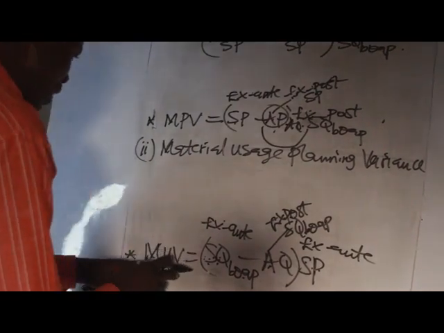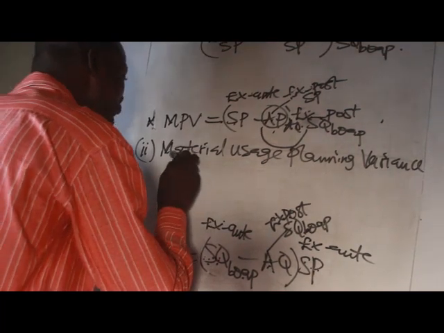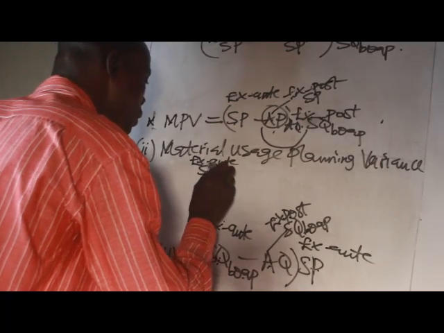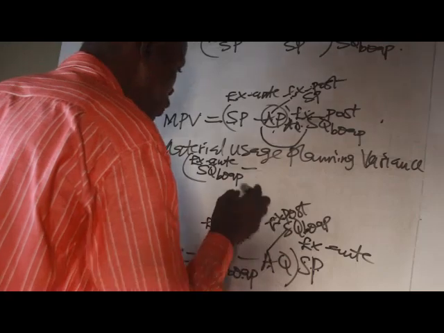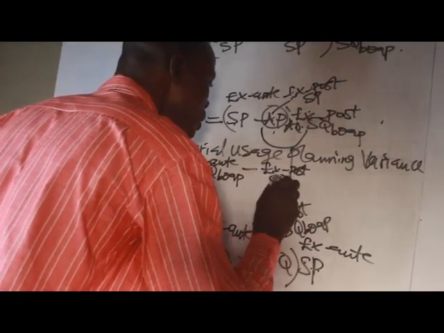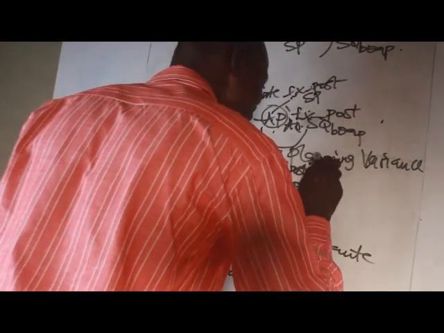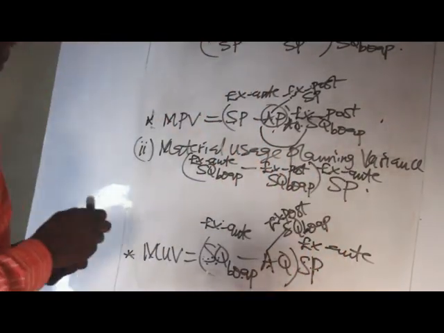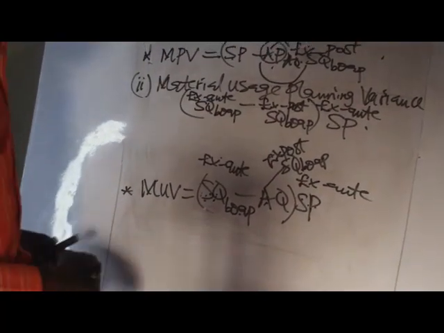Therefore, material usage planning variance becomes ex ante standard quantity based on actual production minus ex post standard quantity based on actual production multiplied by ex ante standard price. That is material usage planning variance.